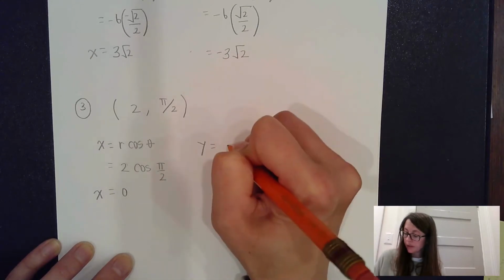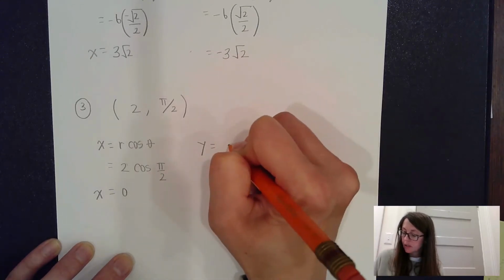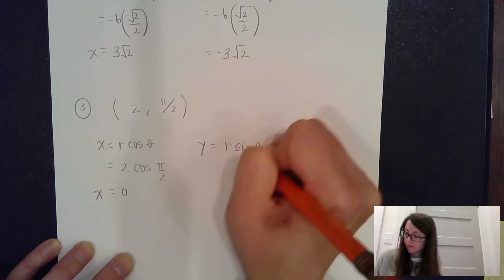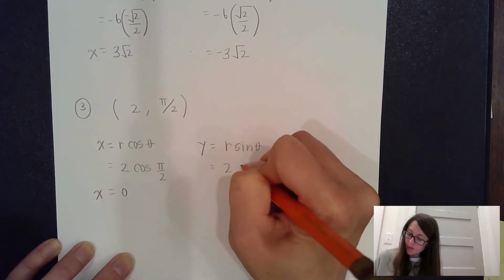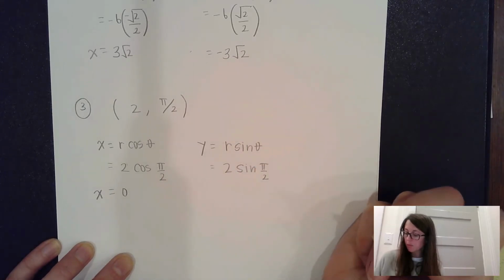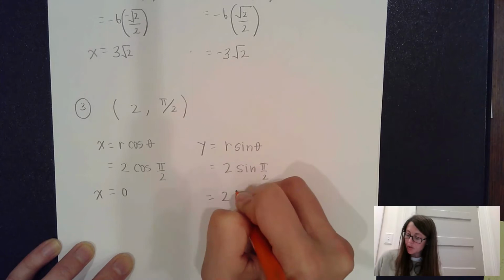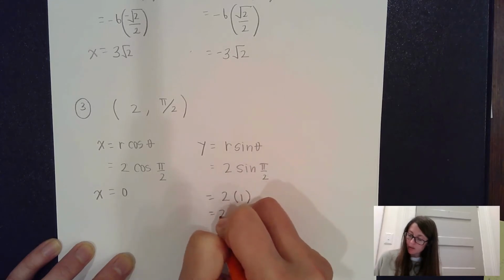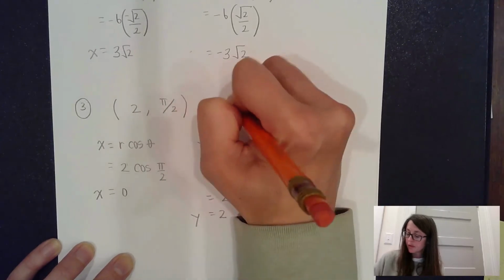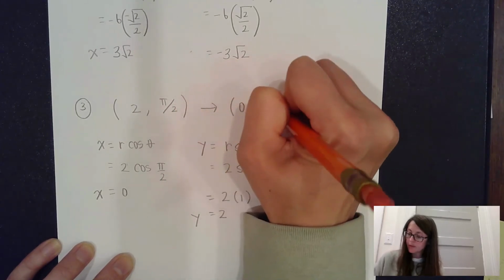The y coordinate here is going to be r sine of theta. So this will be 2 sine of pi over 2. Sine of pi over 2 is just going to be 1, so the y value will be 2. So this will be 0, 2.